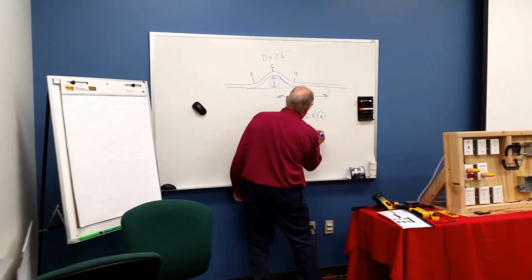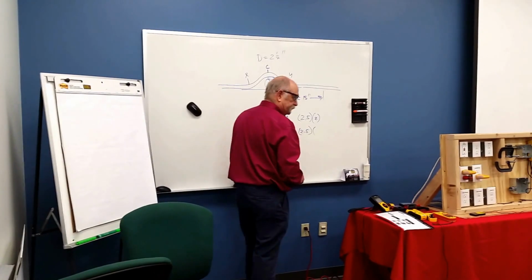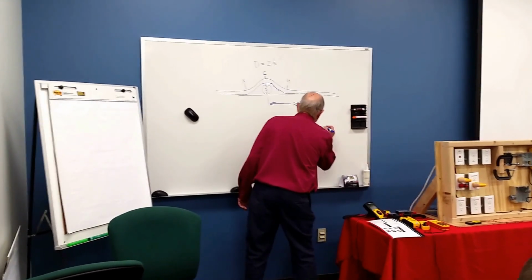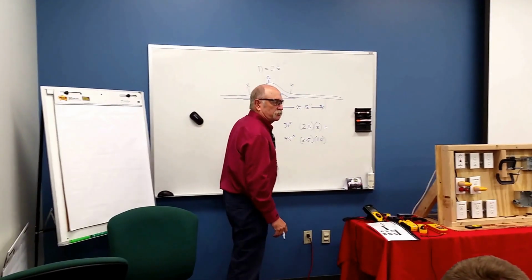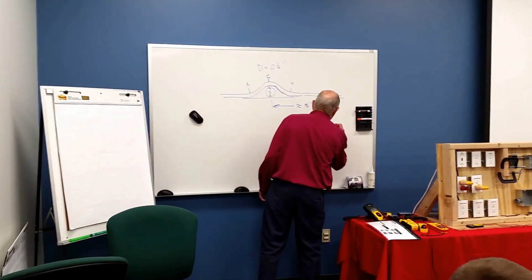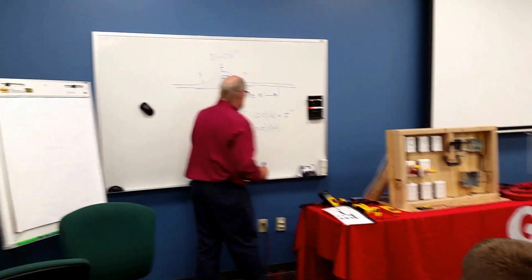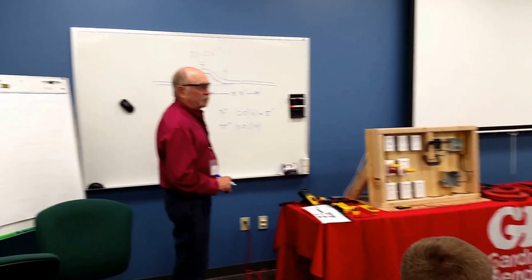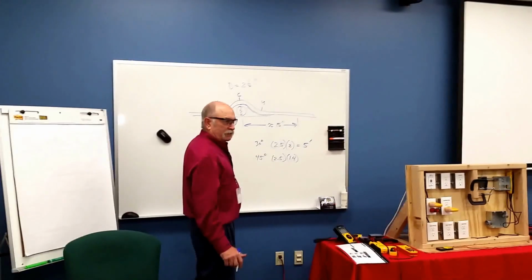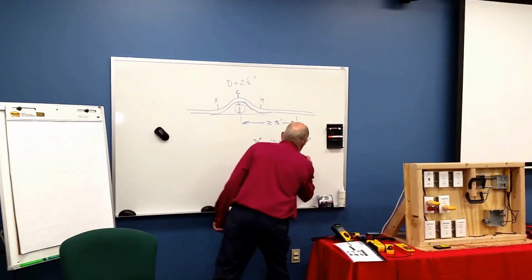For 45 degree, it's gonna be 2.5 times what? 1.4. So what's 2.5 times 2? What's 2.5 times 1.4? You got my calculator? 3.5. 3.5?